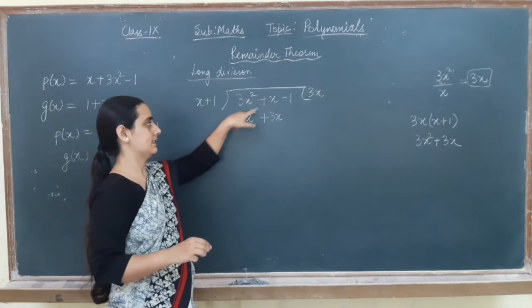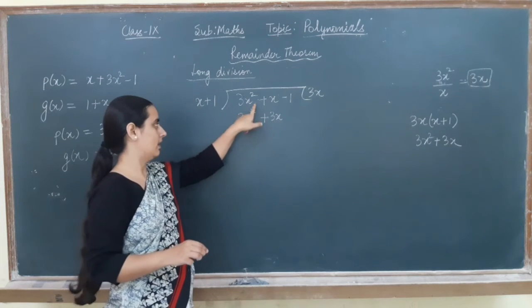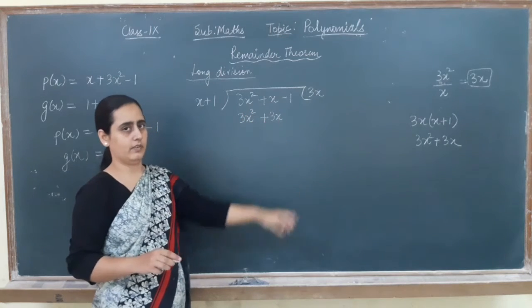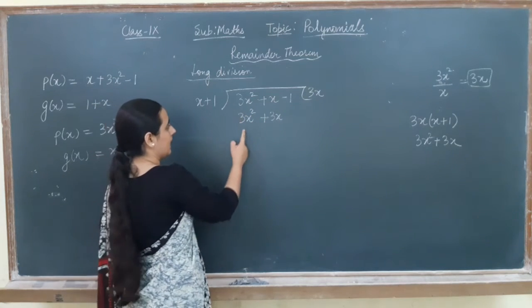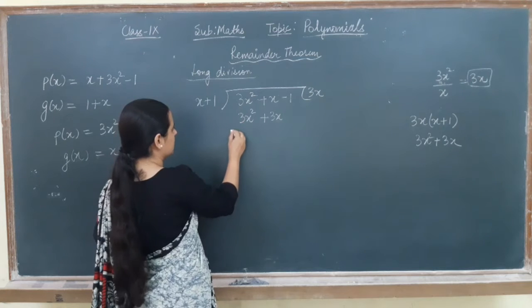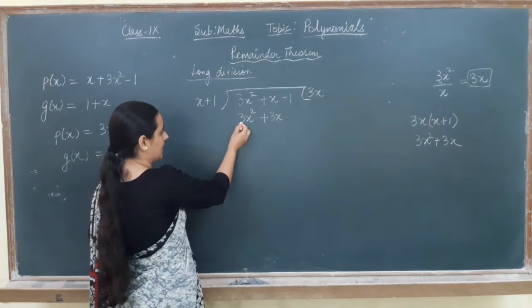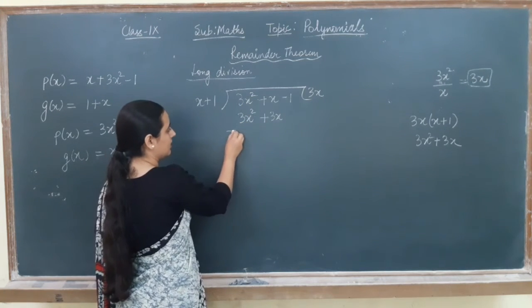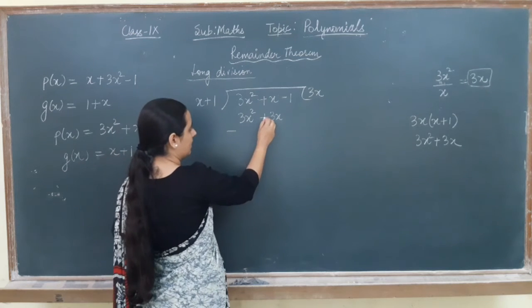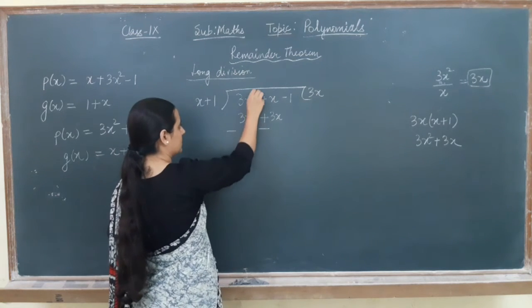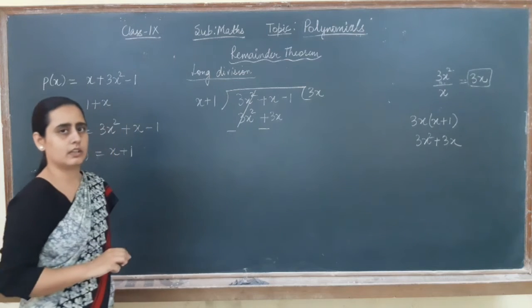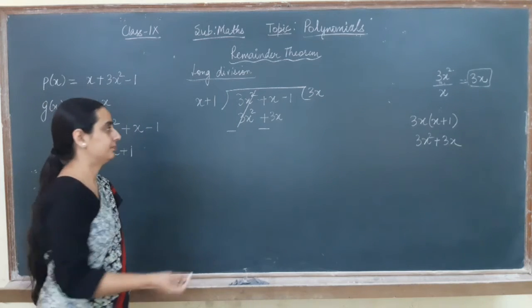X square under x square, x under x likewise. Fine. Then we have to subtract both the equations. So all the signs will be changed. As it is positive, we write the new signs in the next line. Here also negative. Now first term will always be cancelled in every step.